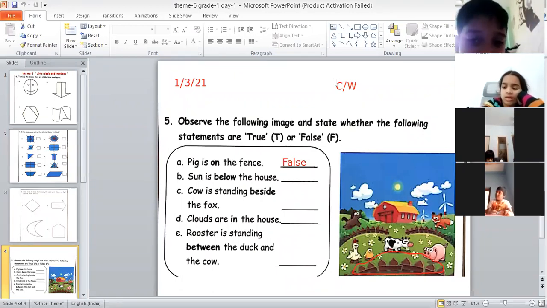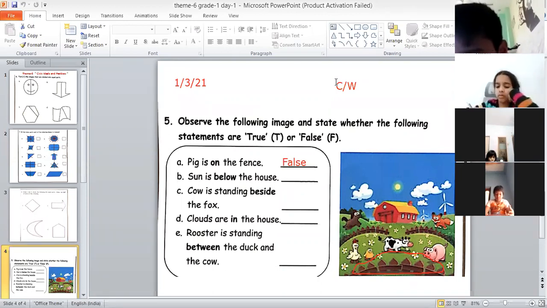Okay, now look here. Below means, look here now. Like I have this AirPods in my hand, and in another hand I have this water bottle. Now this time AirPods is below the water bottle. Below means down. Now look at the picture carefully and tell me whether the sun is below the house or above the house. Below means down.